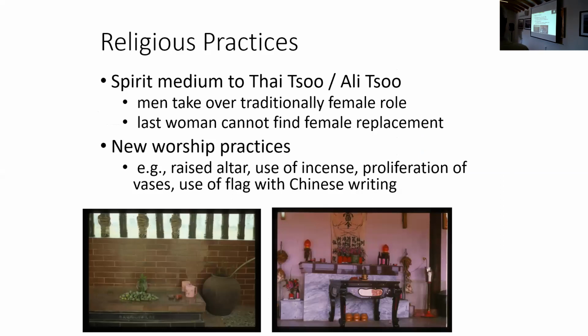During that period, the shaman, who was called the spirit medium, who was always a female historically in that group, no longer is female, changes over to be a male. We can find, interviewing the last woman who was the shaman, couldn't find the female replacement. No females would take the job because once you do the very local marriage, you become the property of the husband's family and you can't go out doing independent work like being a shaman. You've got to look after the children, which didn't happen before.